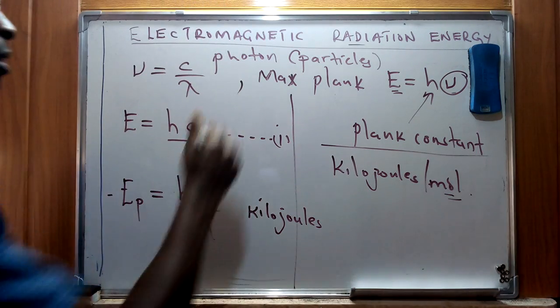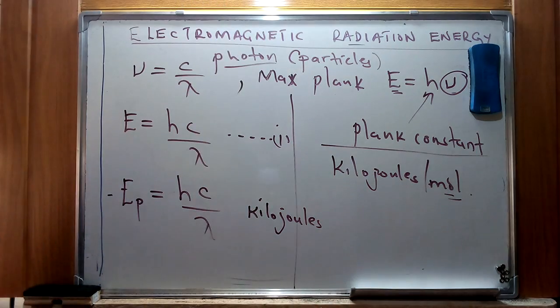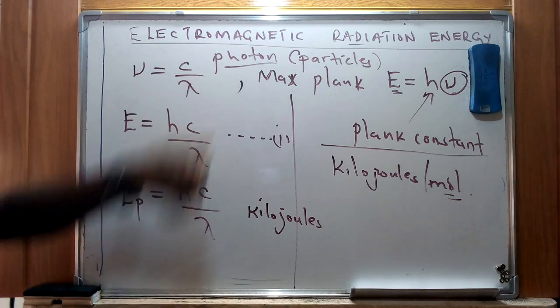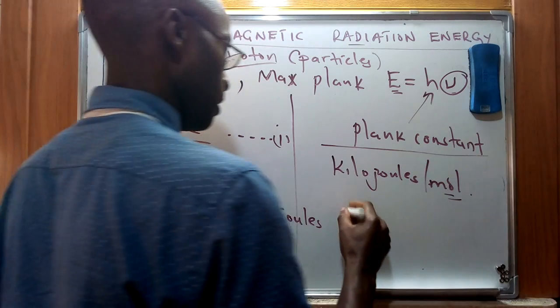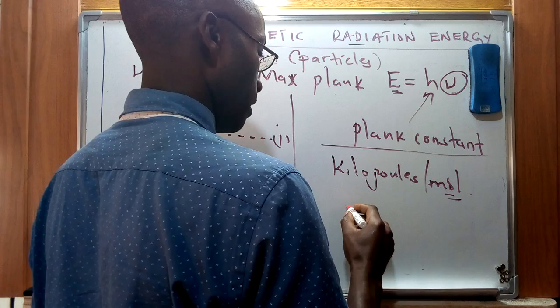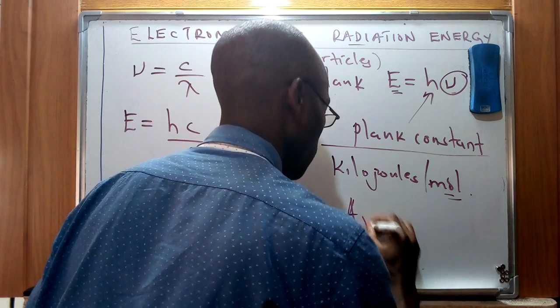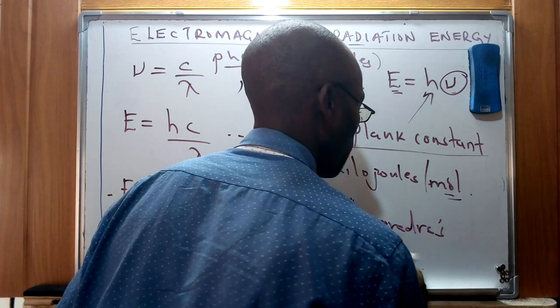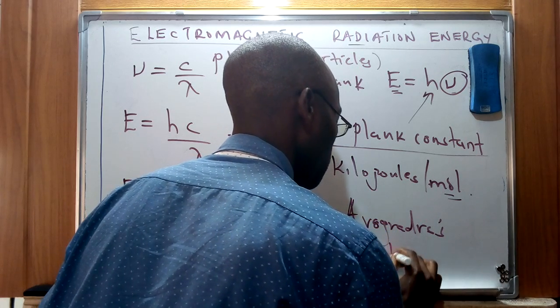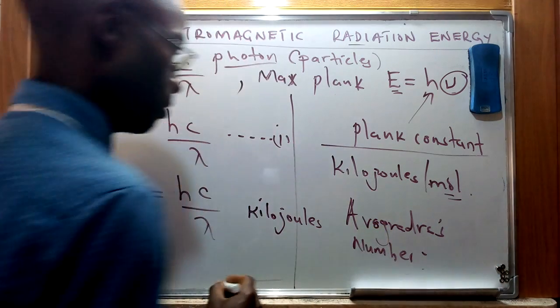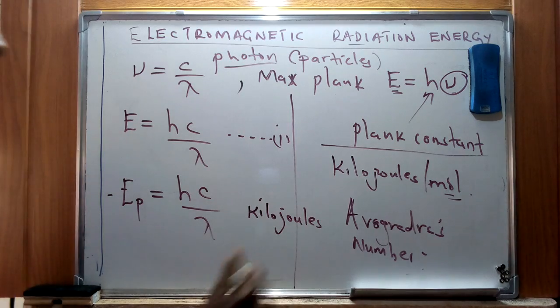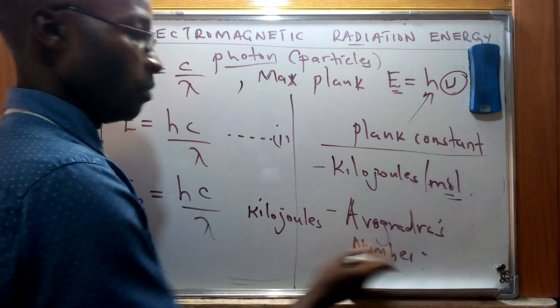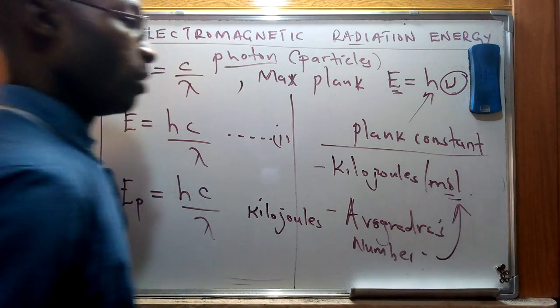So therefore, if we treat a photon as a particle of energy, we're going to have it given as Avogadro's number of particles, which is of course another constant implied by this particular mole that we are talking about.